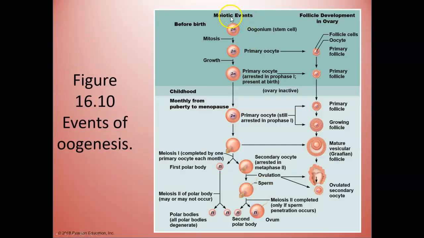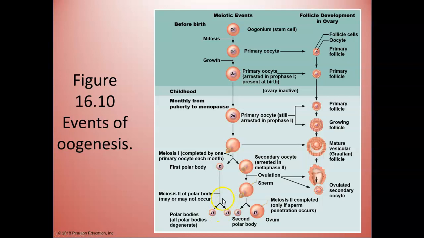So here we're comparing and looking at the female meiotic processes. One cell goes through mitosis, right? And then eventually we go through childhood, right? Now this is monthly until menopause. This is what's happening every month until menopause. One of these will grow and develop, and then it will split off, so that becomes a polar body, and then this one will split, and that gives us another polar body.